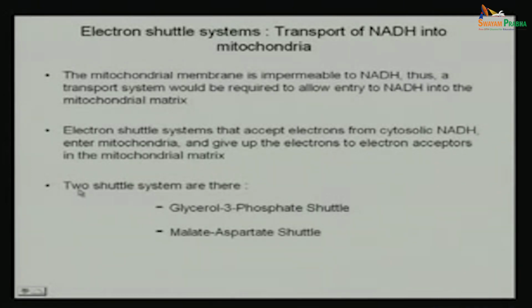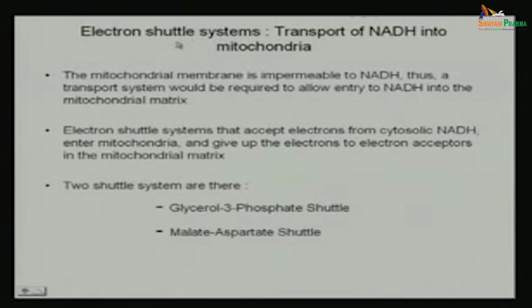Now, as I have told you, the inner mitochondrial membrane does not permit anything to go out of this system. When we talk about the electron shuttle system, it helps in the transportation of NADH to the mitochondria. The mitochondrial membrane is impermeable to NADH, and thus transportation is needed because the flow of electrons is essential.